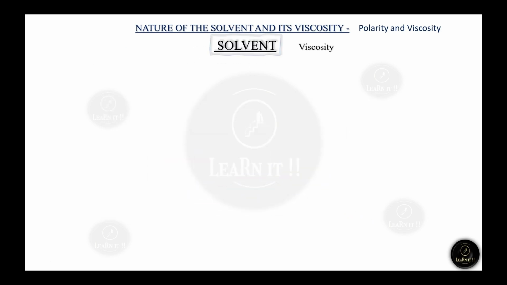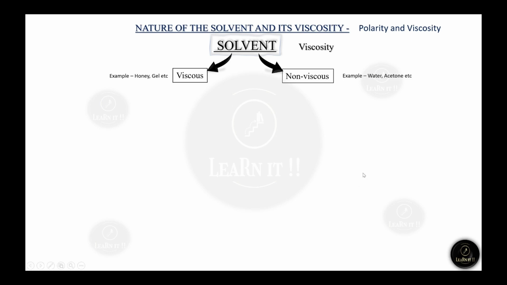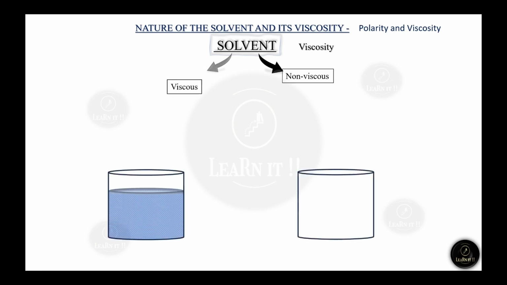Solvents can be divided into two parts based on viscosity: viscous and non-viscous. Examples of viscous fluids are honey and gel. Examples of non-viscous fluids are water and acetone. If we take a viscous solvent and put an ionic compound in it, we know that whether it is viscous or non-viscous, if the solvent is polar, then ions are produced.